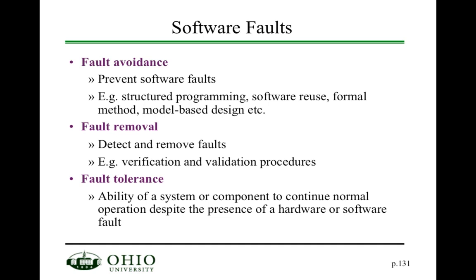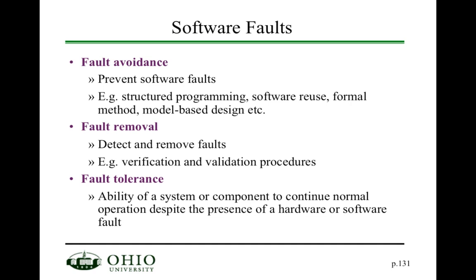And then finally, of course, fault tolerance. Fault tolerance is typically also a little bit more system-wide, where you build your system such that even if there are errors, it can still continue operation. This has to do, for example, with triple redundancy. If you have a triple redundant system, you have 3 identical components.